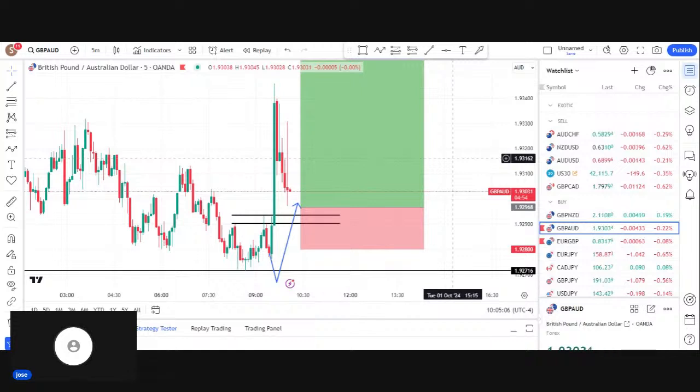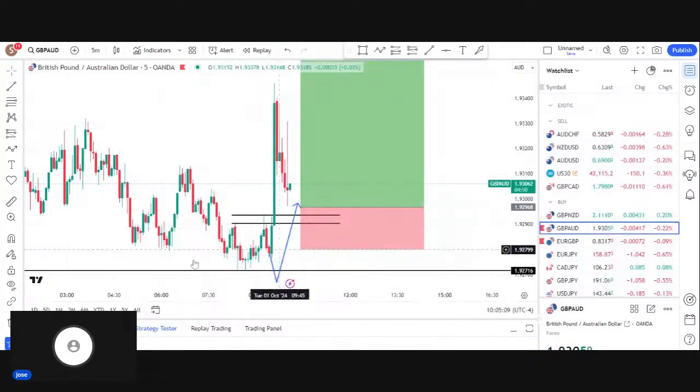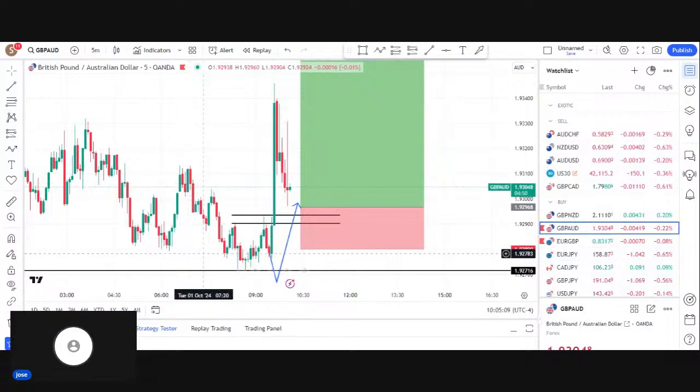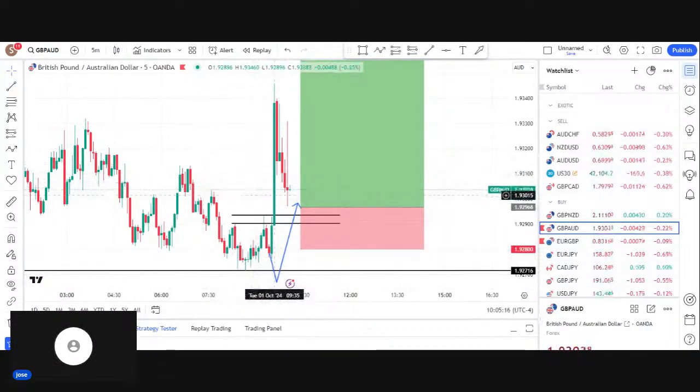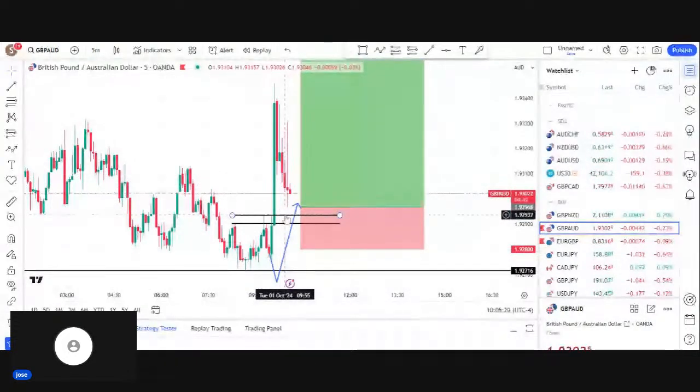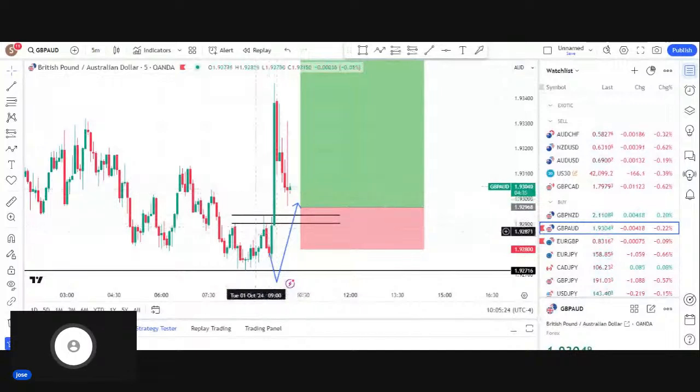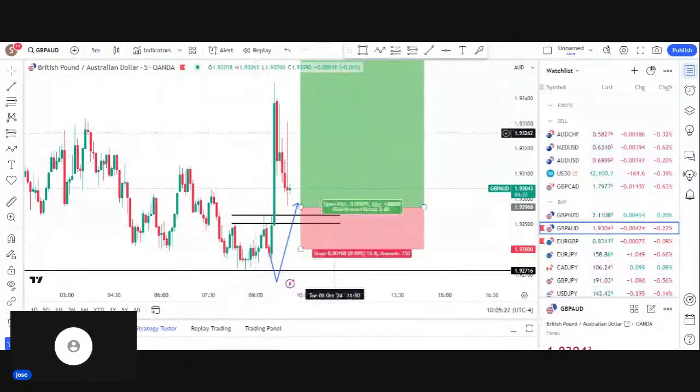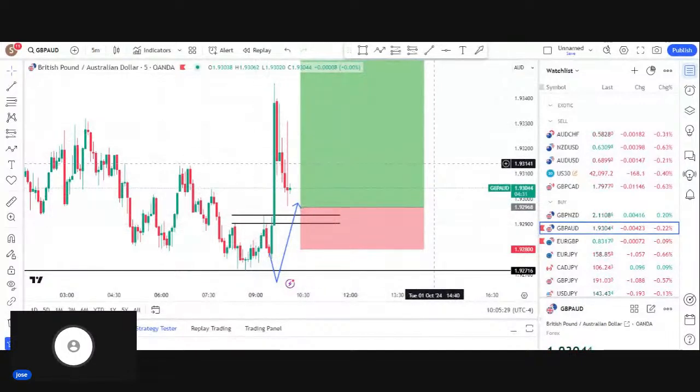I feel like even the news was underwhelming, so I don't think that price is going to come to my level. And if it does, this is not a setup that I am looking to trade, because we have to create a new level, which takes time. I feel like the big players were waiting for the news, and the news has already happened. So I'll just wait for another setup.